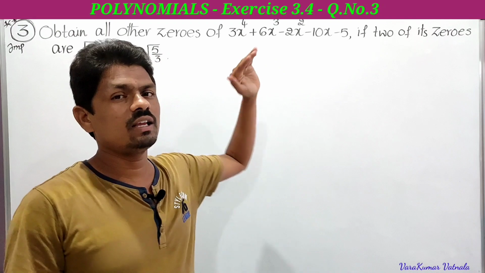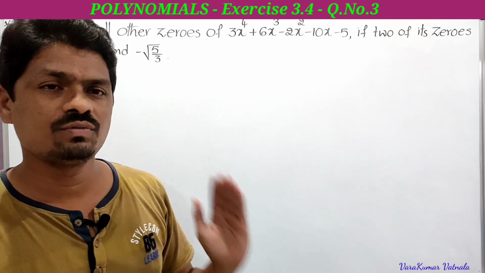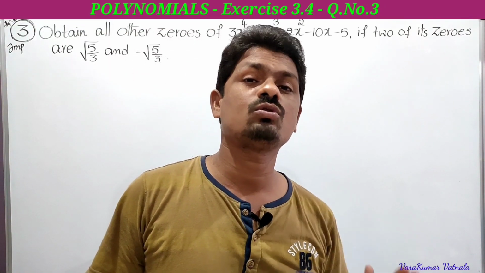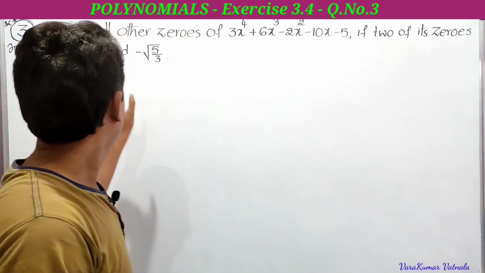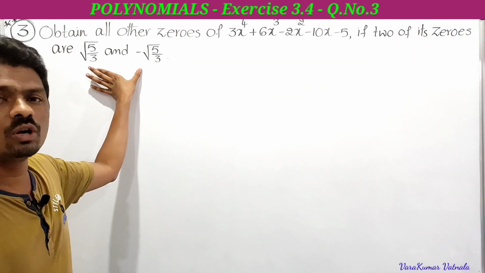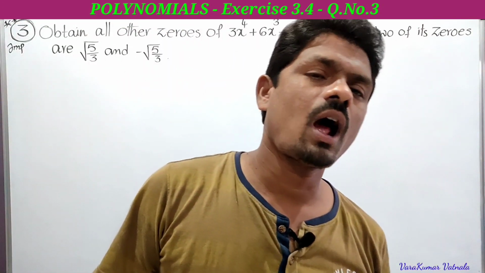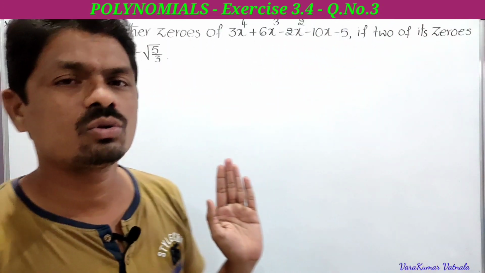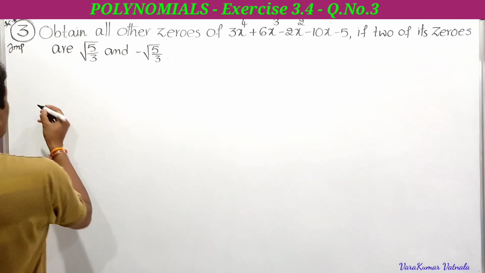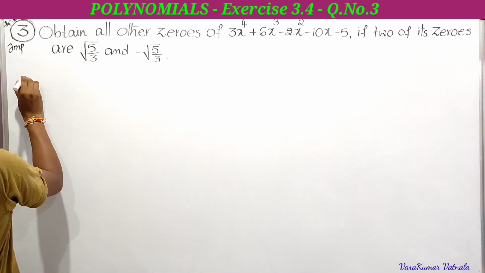Here, since the degree is 4, it has at most 4 zeros. But among the 4, he has given only 2. The remaining 2 zeros we have to find. See here, how can we find the remaining 2 zeros? I am writing like this.